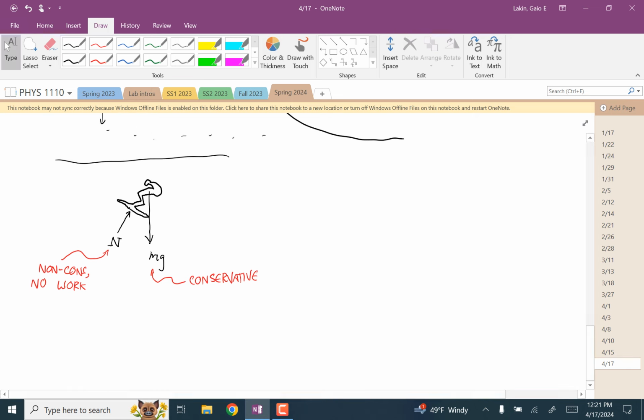And now I'm going to make just a little table, and I'm going to think about two different instants. Instant 1 is when the skier is at the top of the hill, and instant 2 is at the bottom of the hill. Okay?